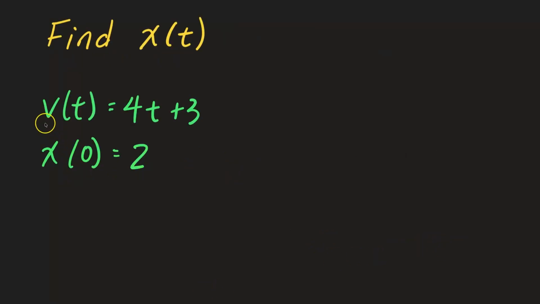Now we're given the velocity function v of t is equal to 4t plus 3, and we want to find the position function. We're also given the initial condition, that the initial position is equal to 2, because we're told that at time equals 0, the position is 2. To find the position function, we're going to integrate the velocity function.